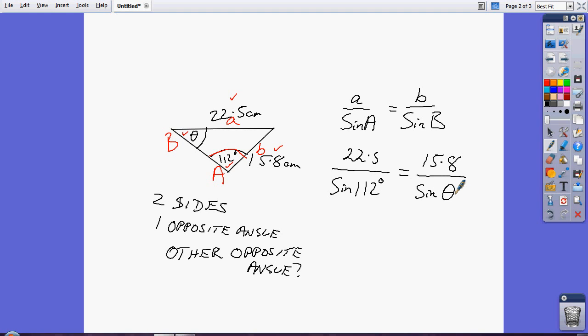Now let's use an algebraic technique called cross multiplication, where we move that term to the top line on the other side and that term to the top line on that side, and that gives us 22.5 times sine theta equals 15.8 times sine 112 degrees.